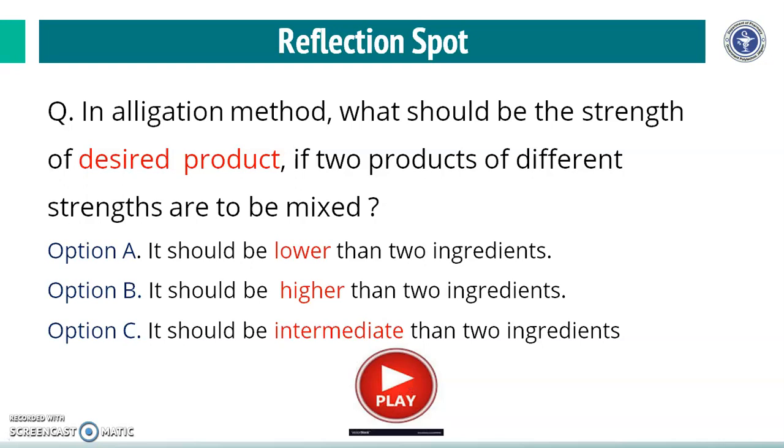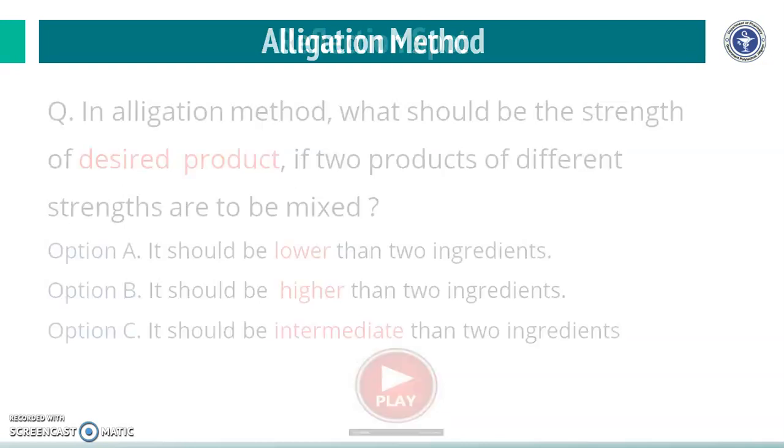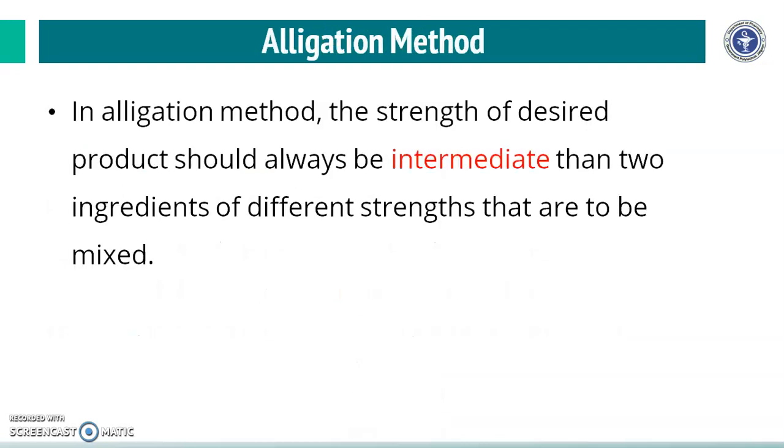Hope you have done. So let's see what the answer is. In the alligation method, the strength of the desired product should always be intermediate between the two ingredients of different strengths that are to be mixed. It is not possible to have the end product with higher strength than the two, or lower strength than the lowest of the mixing ingredients.